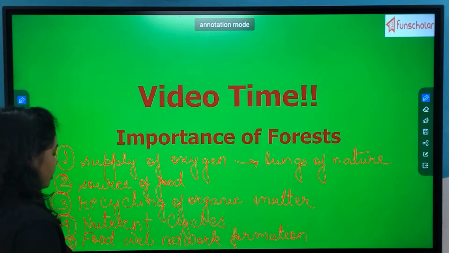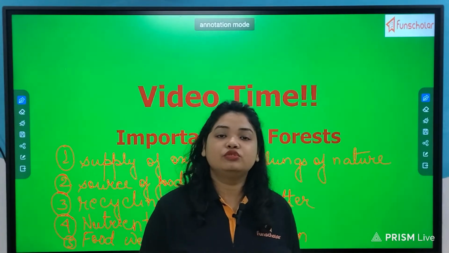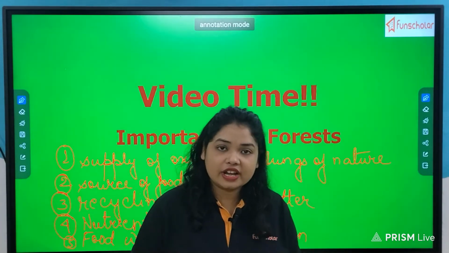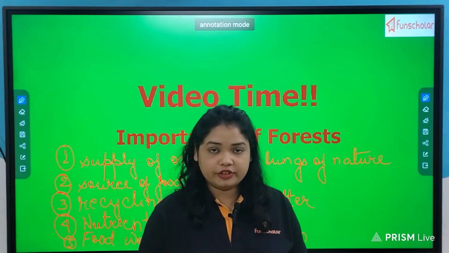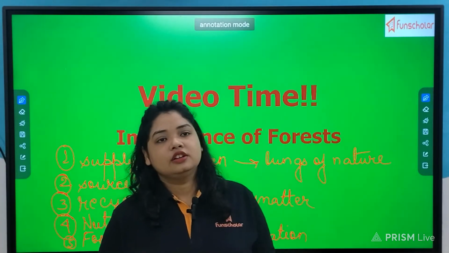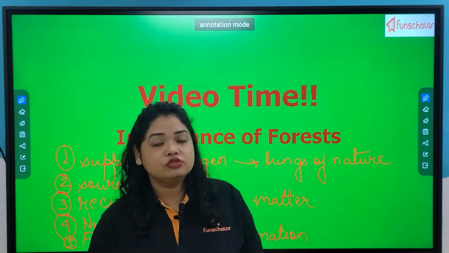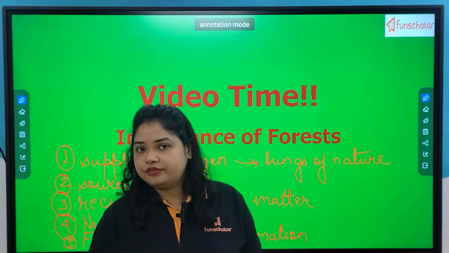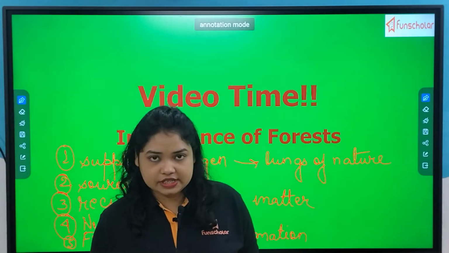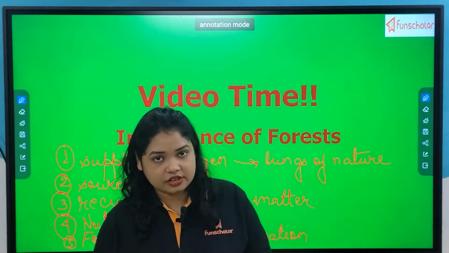So a food web, we know, is formed when multiple food chains interact with each other. A single organism in a particular trophic level can be eaten by two or more different organisms which belong to two or more different food chains. There are many possibilities, so many food chains interact with each other.